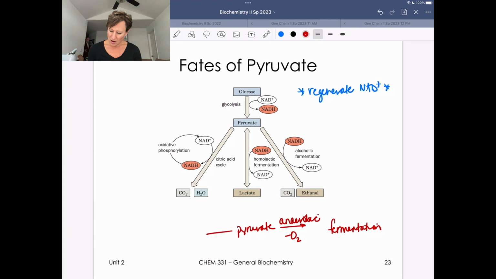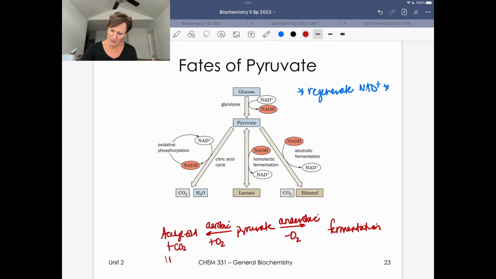Now, something else we are able to do is what happens under aerobic conditions. So under aerobic conditions, there is oxygen available. And in that case, we go through pyruvate dehydrogenase chemistry, and we're going to generate acetyl-CoA. We snip off a carbon as carbon dioxide.